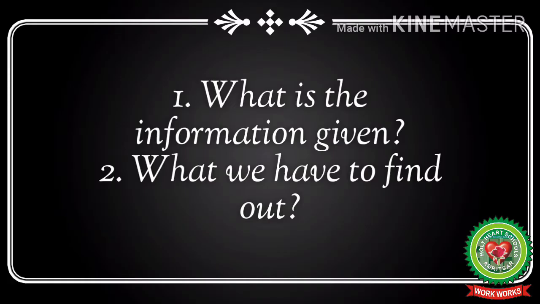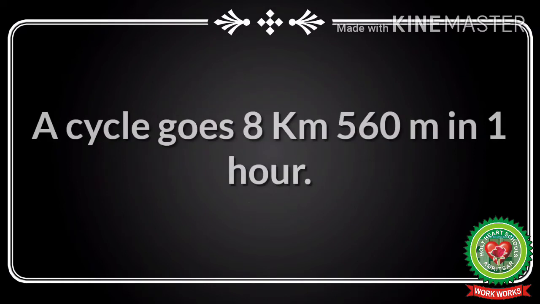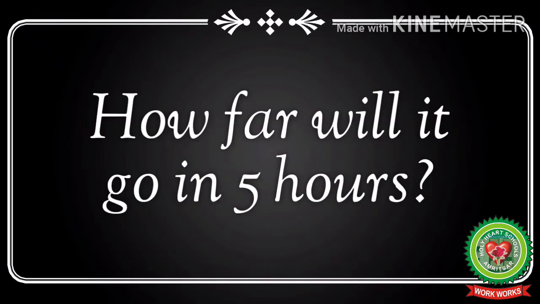Kids, whenever we are doing the story sums, we have to look for two things. That is, what is the information given to us and what we have to find out from that given information. So, what is the information given to us? A cycle goes 8 kilometer 560 meter in 1 hour.